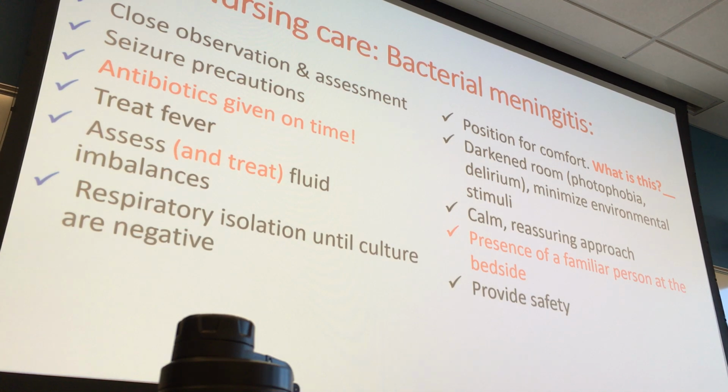Yes? You said sample first, but I thought you gave the antibiotics first and then got the samples confirmed. Oh, no, you never do that. Not with this. You don't wait for the results. You always get your sample first, even if you don't know if they have confirmed meningitis.